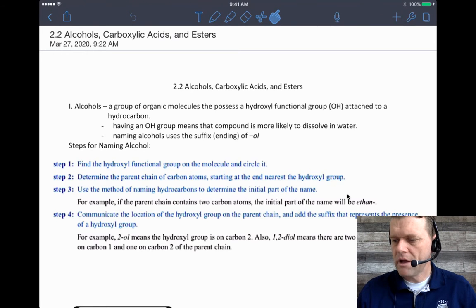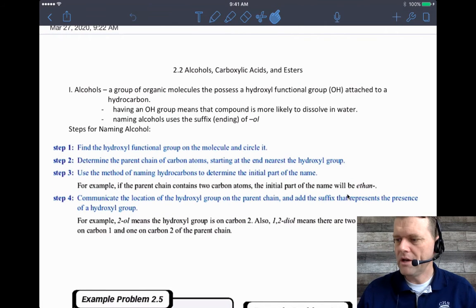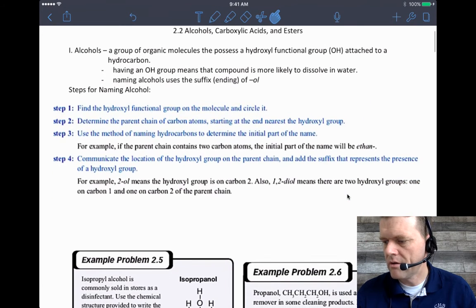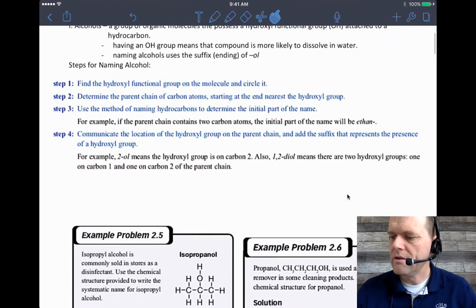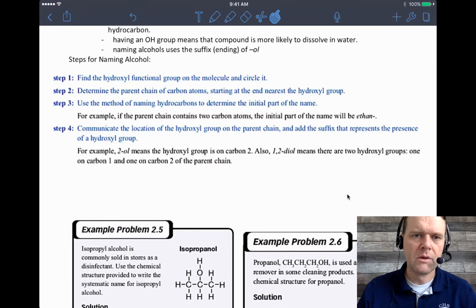So we're going to start with alcohols. Anytime you see the OH group, then you know you're dealing with an alcohol. The rules for naming alcohols are listed right here. You basically just find the OH group and circle it. Then you determine the parent chain of carbon atoms, starting at the end nearest the hydroxyl group.